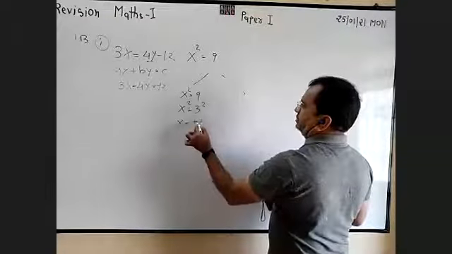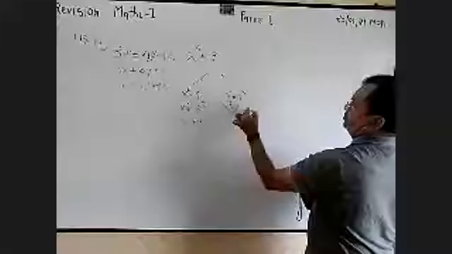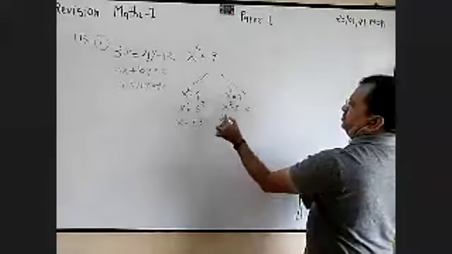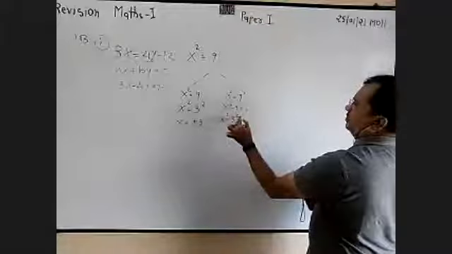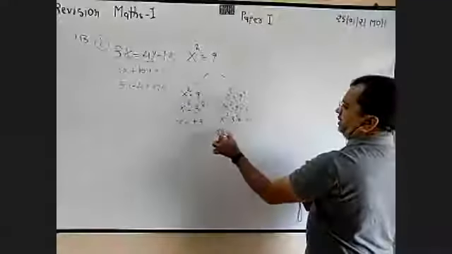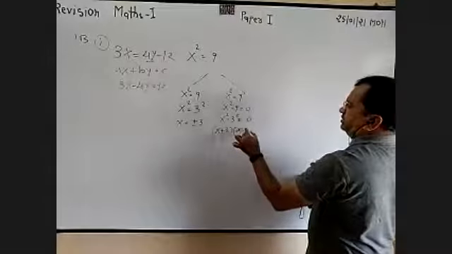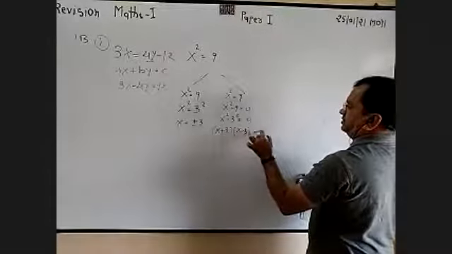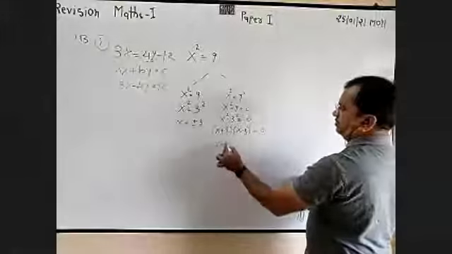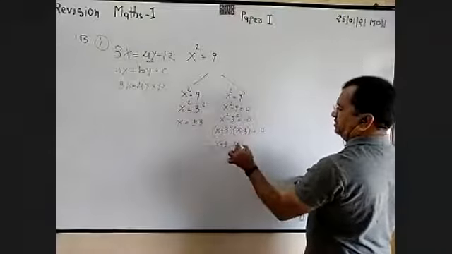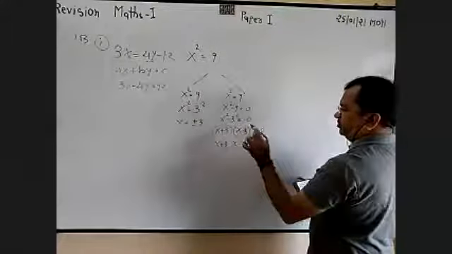Second, x square minus 9 is equal to 0. X square minus 3 square is equal to 0. X plus 3, x minus 3. Therefore, x is equal to plus 3, minus 3. Any one method used.